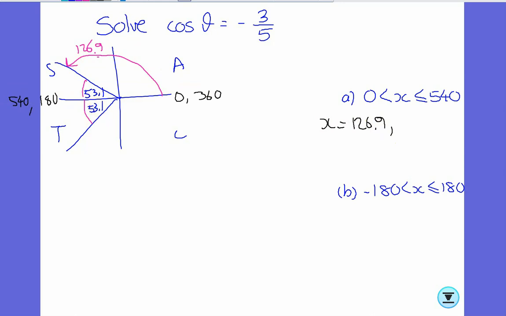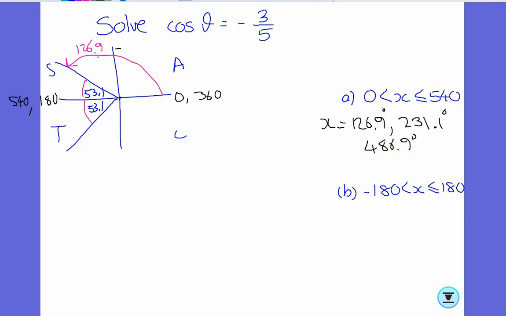So we add on 53.1, so we get 231.1, and we get to 360. Do we get another hit before we get to 540? Yes, we do. So we've got 540 minus 53.1, and we get 486.9. These are all degrees.